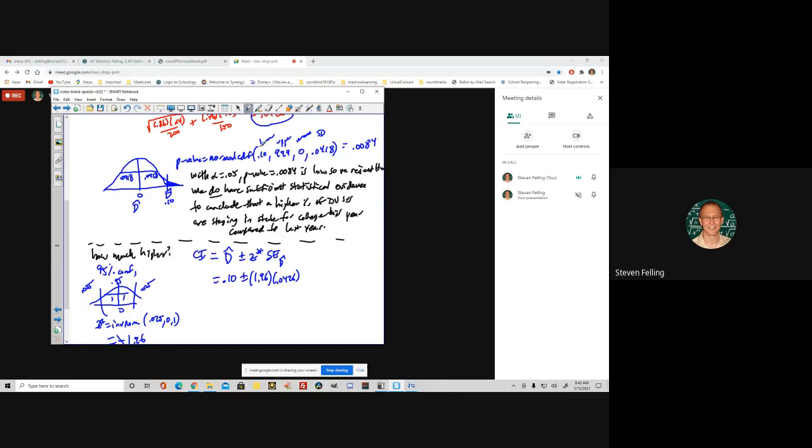So I've got 0.1 minus 1.96 times 0.0426. That means the lower boundary here will be 0.0165. And the upper boundary is 0.1 plus 1.96 times 0.0426, so that's going to be 0.1835.